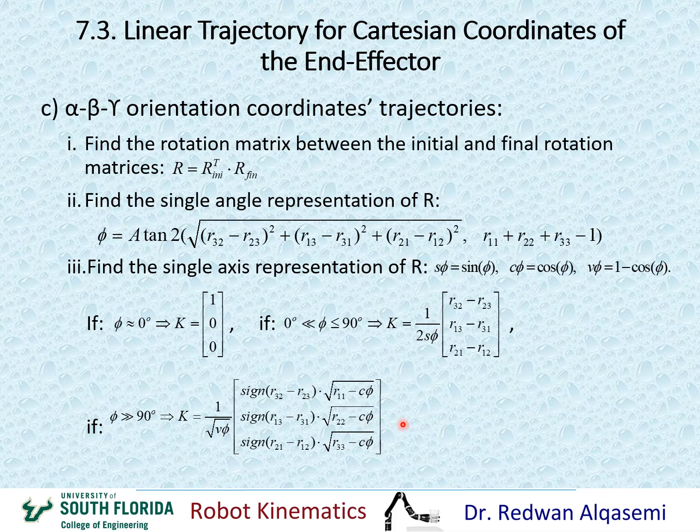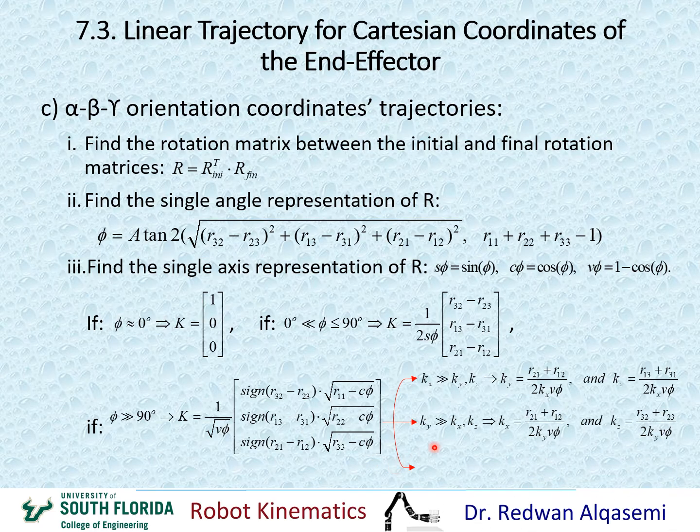Now here I have also three cases. If kx is more than ky and kz, so I'm looking here at kx, which is the highest value, then I will have to change ky and kz to become these quantities, after finding these kx, ky and kz from here. Now, if ky is the highest quantity, higher than kx and kz, then I'll have to change kx and kz to these quantities.